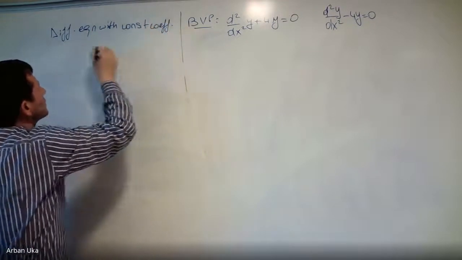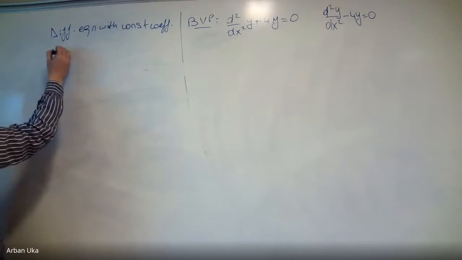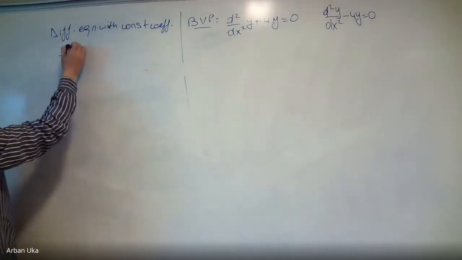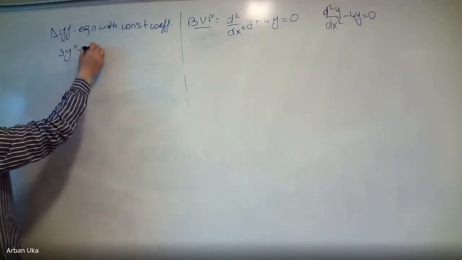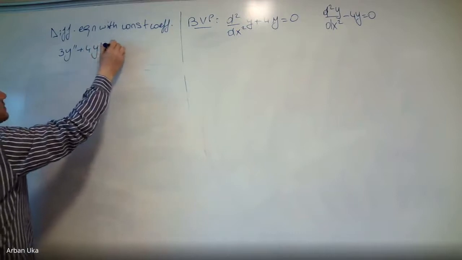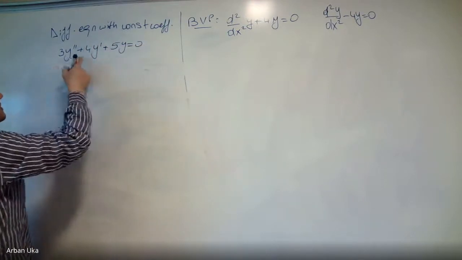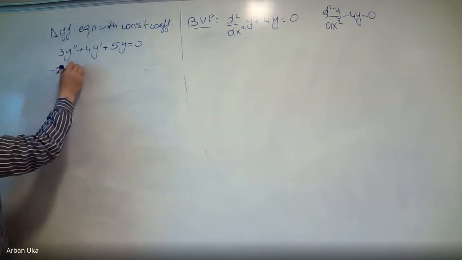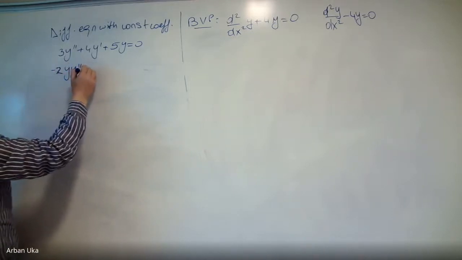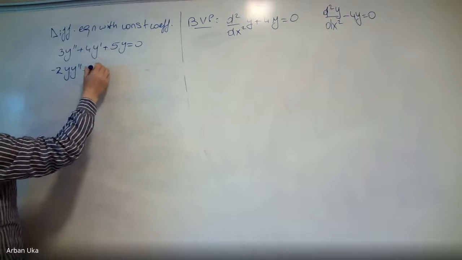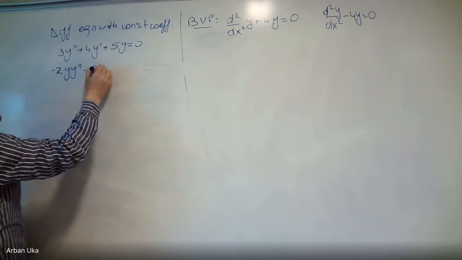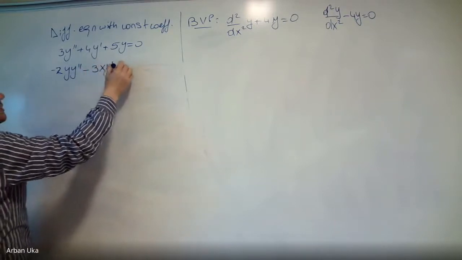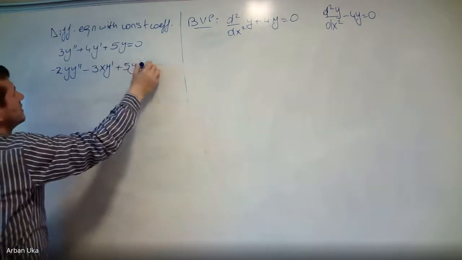A differential equation with constant coefficients can be written like this: 3y plus 4y prime plus 5y is 0. These are all constant coefficients. Minus 2y double prime minus 3xy plus 5y is 0.